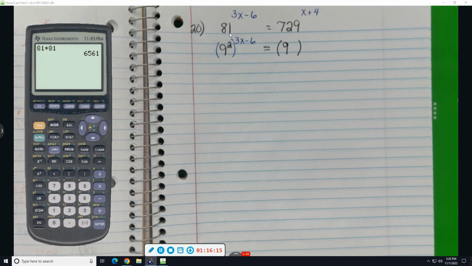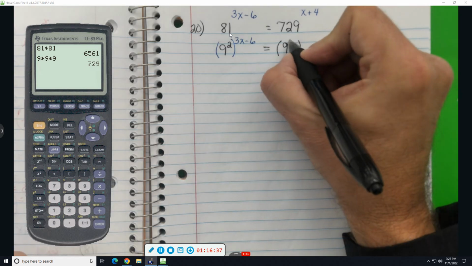Now let's come over here and try to write 729 as 9 to a power. I'm just going to start multiplying 9s together until we get 729. 9 times 9 is 81. What's 81 times 9? 729. Again, these are all rigged out to have a common base.